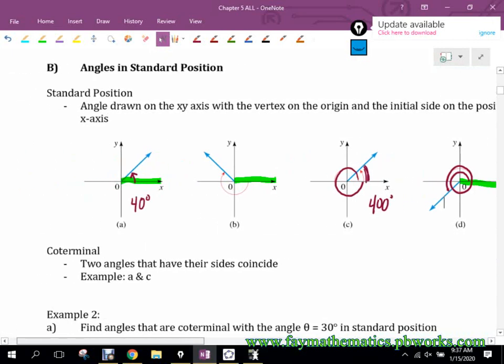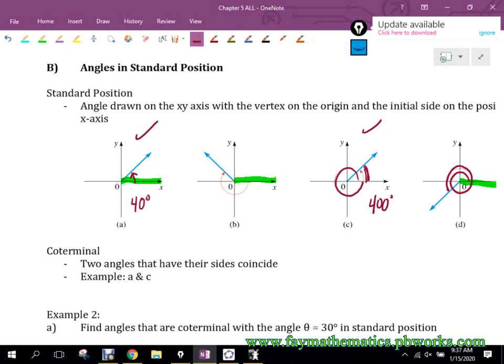What you find out though, when I look at that one and that one, if I lay them on top of one another, are their terminal rays going to match up? Yep. Are their initial rays going to match up? Yep. So when things work together, we use a prefix of co. Here they end together at the same spot, so we refer to these as coterminal angles.